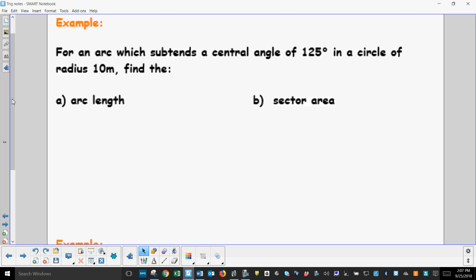Okay, so for an arc which subtends, that's just a fancy way to say the arc comes from the angle, an angle at the center of 125 degrees, the radius is 10, find the arc length and find the sector area.